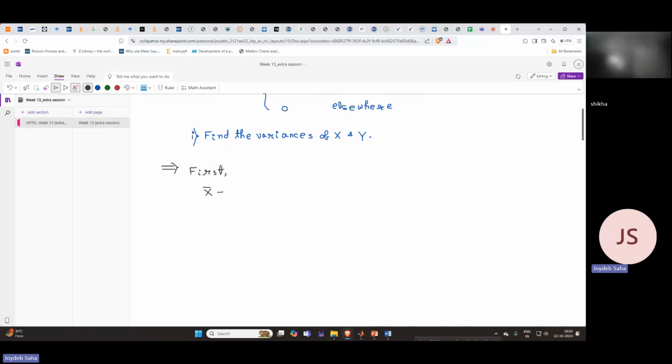Why we need to calculate x bar? Because to calculate the variance, we need expectation of x square minus x bar square, right? So first we will calculate x bar.